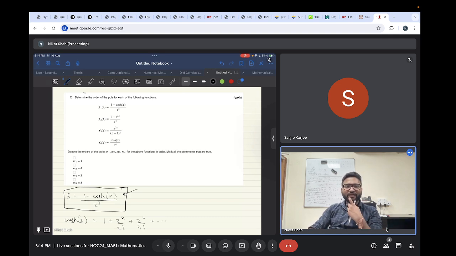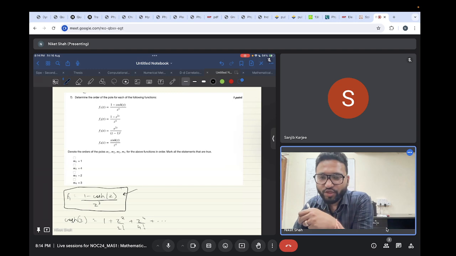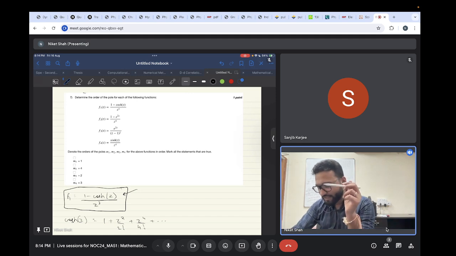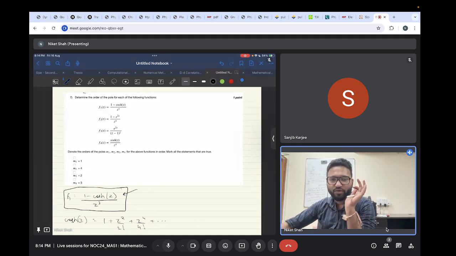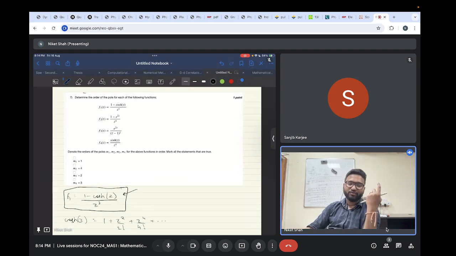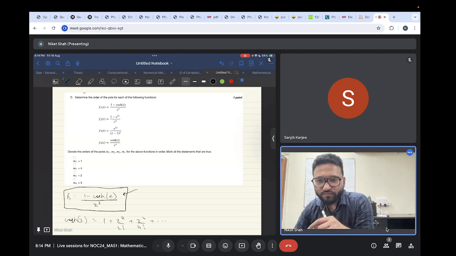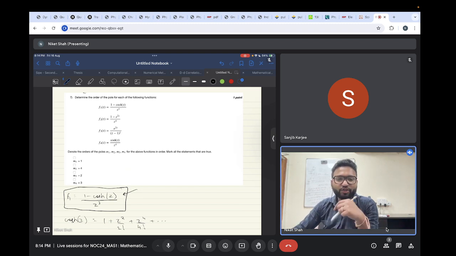If you look at the other expressions, you will see that there is a similar pattern being followed. For f2 also, 1 minus e power 2z at z equal to 0 is going to 0. And the denominator is also giving a pole at z equal to 0. For f3, at z equal to 0, the numerator is 1, but the denominator is going to 0.